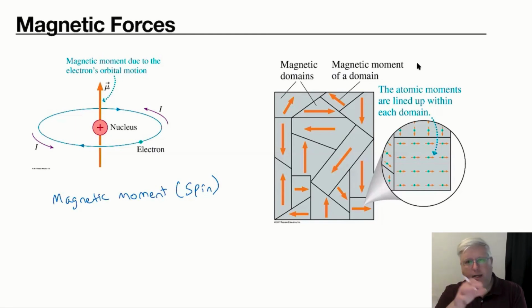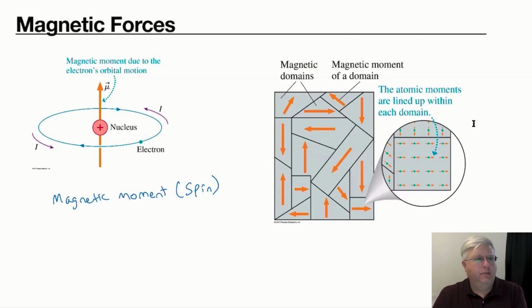And so that gives the material a net magnetic moment of 0. Okay, so most materials we know are not magnetic, even though the electrons are moving in them and creating a magnetic field. They're just pointed randomly in different directions. And so we don't really see magnetic materials in everything.